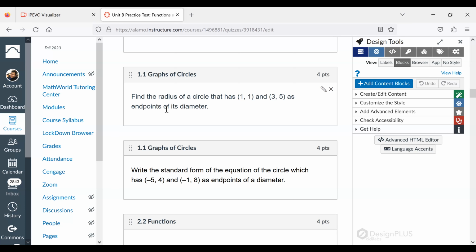Okay, write the standard form of the equation of the circle which has (-5, 4) and (-1, 8) as endpoints of a diameter.